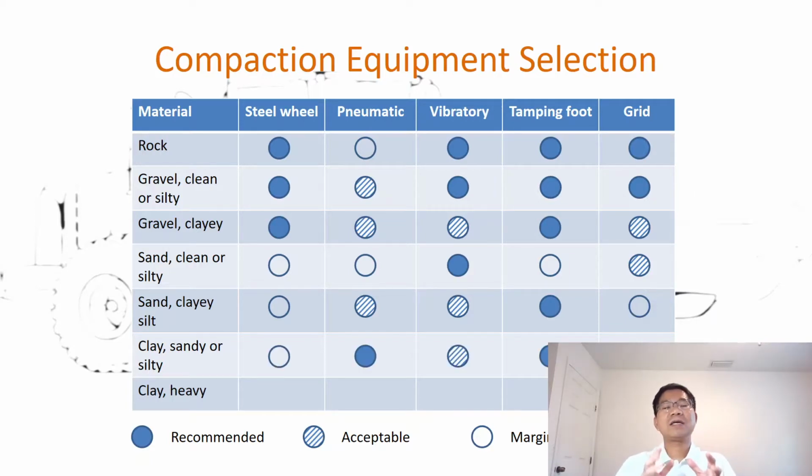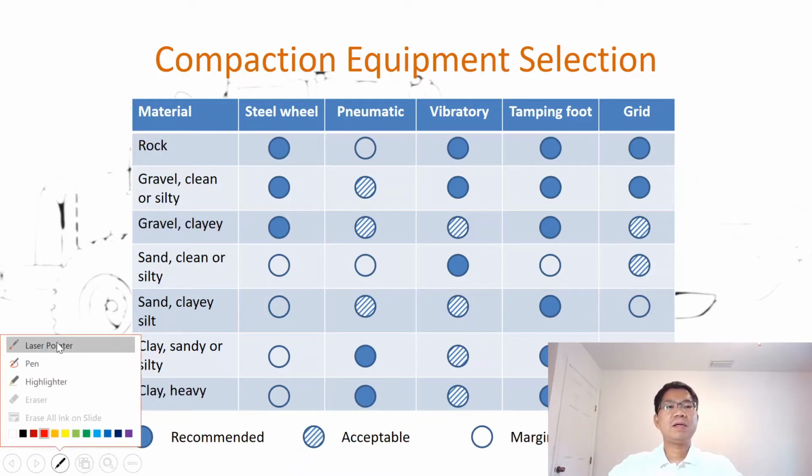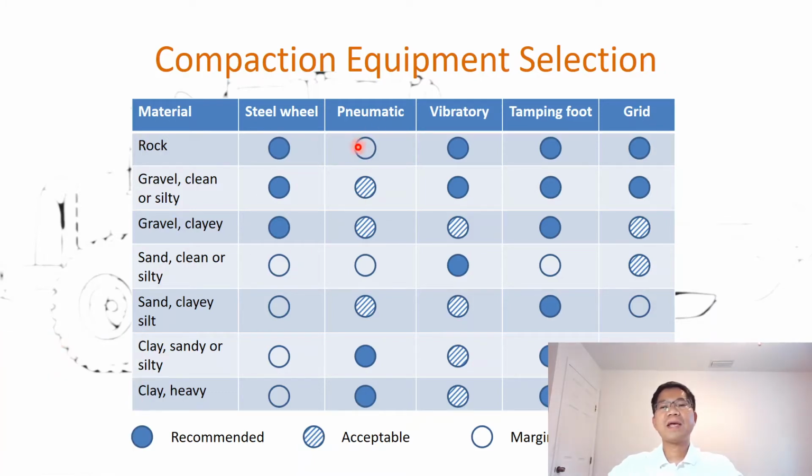How about clay, mostly clay with some sandy or silty? When it comes to clay, cohesive soil, as you can see, pneumatic is applicable, and tamping foot is also applicable. Finally, for heavy clay, as you can see, pneumatic and then tamping foot. So the bottom line: rock is okay for most of the equipment, except the pneumatic.